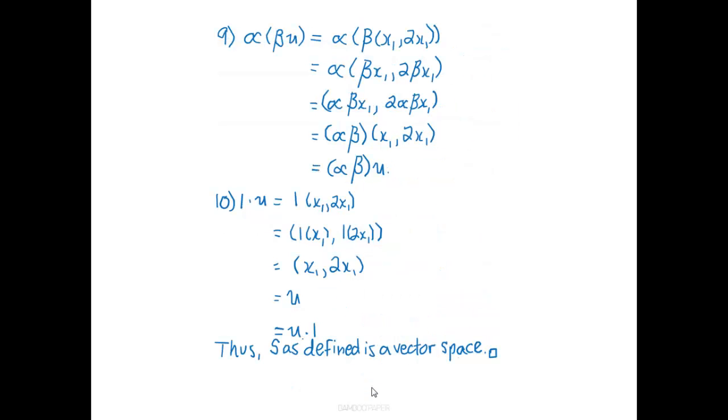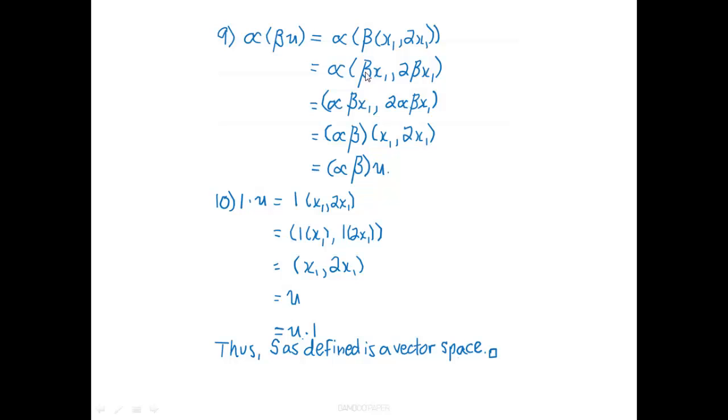Property number 9, associativity property. Again, do not forget alpha and beta are scalars and u is a vector. So alpha times (beta u) is alpha times (beta x1, 2x1). Beta goes in first using the standard definition of scalar multiplication. So that's alpha times (beta x1, 2 beta x1). Now alpha is free to also go in.